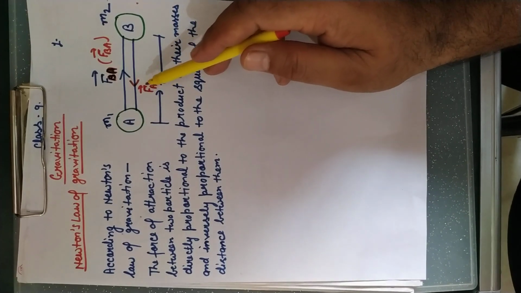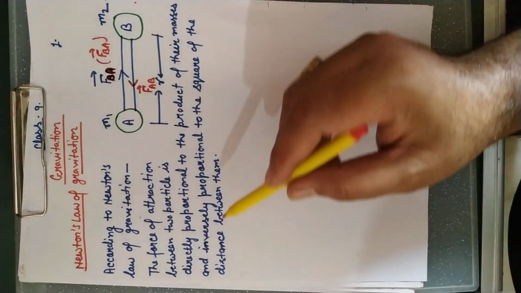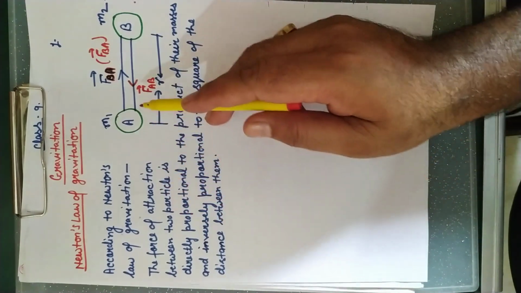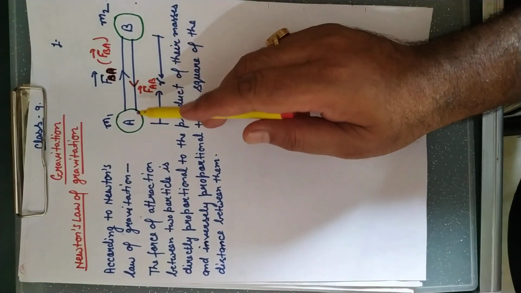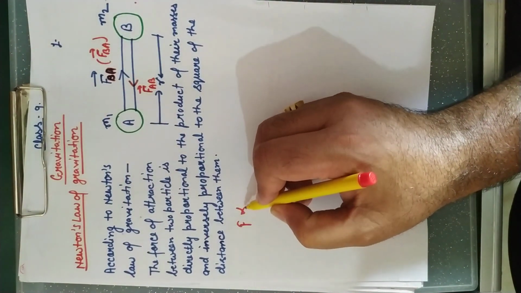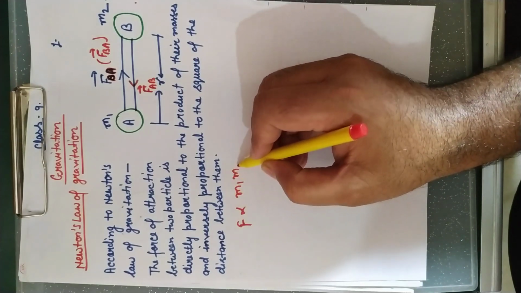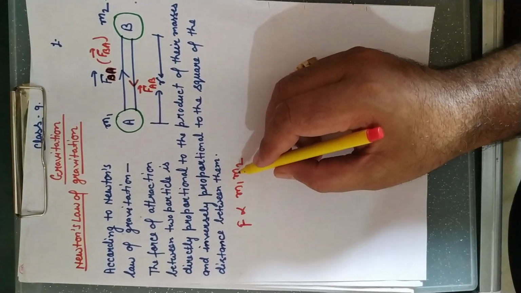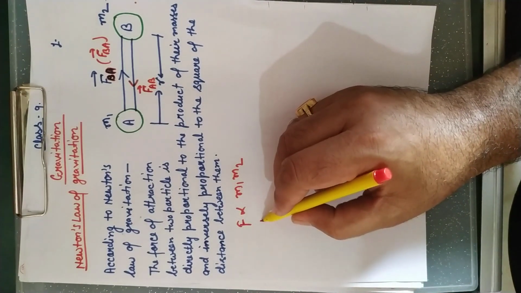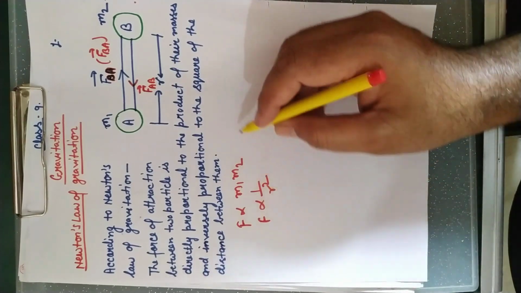So, how do we calculate the magnitude of the force between two bodies of different mass? According to Newton's law of gravitation, the force between two bodies of different mass is directly proportional to the multiplication of their masses, that is, m1 and m2. So F is directly proportional to m1 m2, and the force is inversely proportional to the square of the distance r between the two bodies.